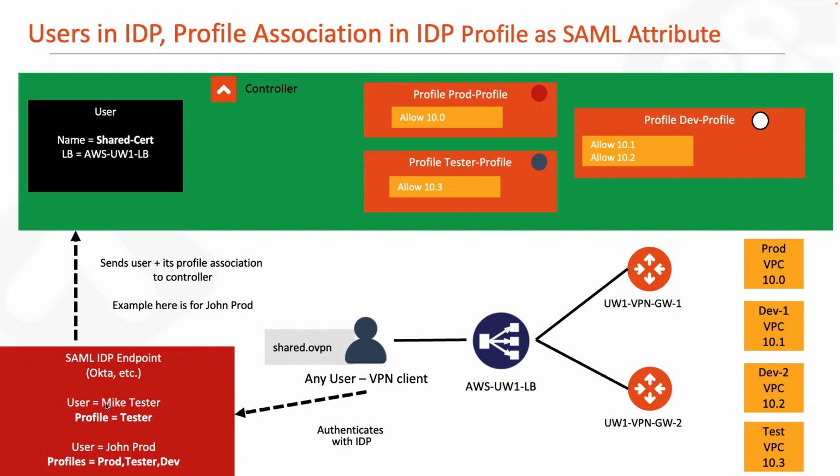We're saying, this is John Prod, and he belongs to all of these profiles: prod, tester, and dev. So the controller is going to realize that we need all of these together, and this way he will get the union of all of these: 10.1, 10.2, 10.3, and 10.0.